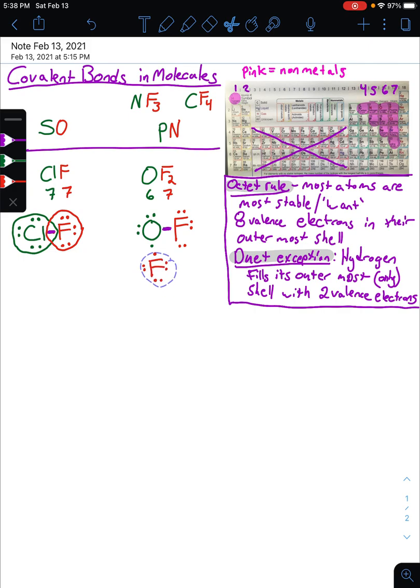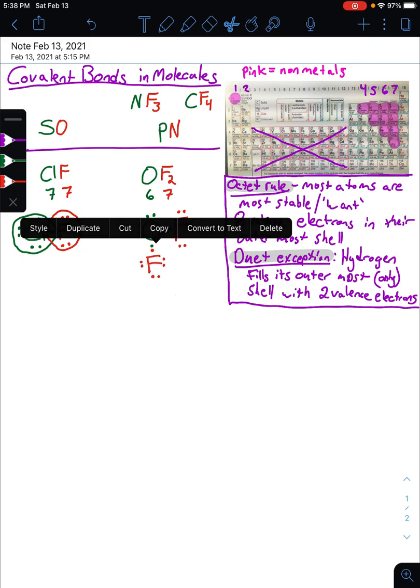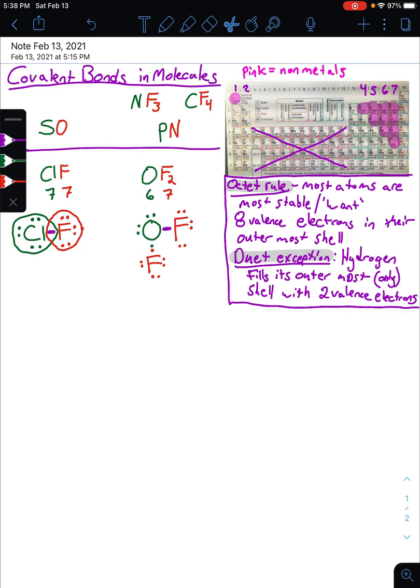That fluorine will come in, pair up with oxygen's unpaired, and replace those dots with a line. Do your accounting real quick. Do they satisfy the octet rule? Well, here's oxygen.